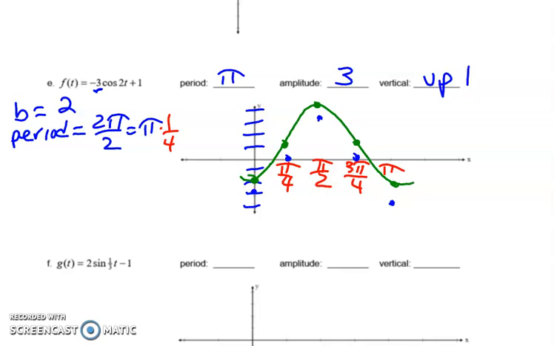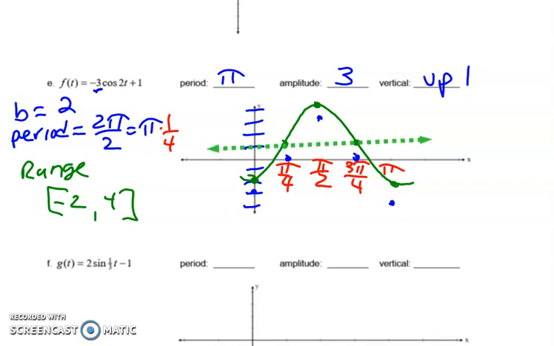So now our range becomes from -2 to 4. And notice again, if we were to chop the graph in half here, 1, 2, 3 from the top, 1, 2, 3 from the middle. Okay?